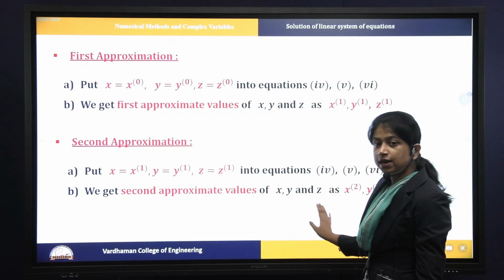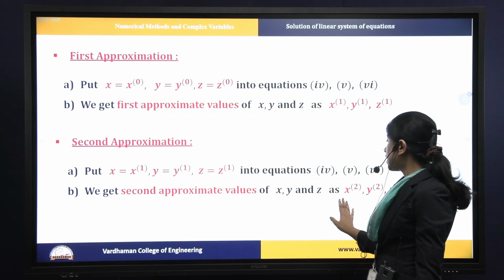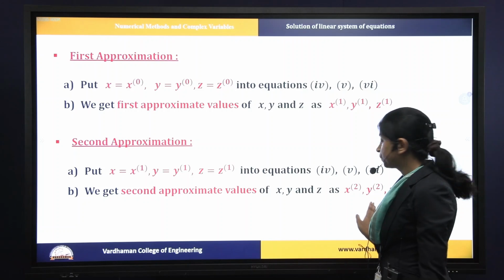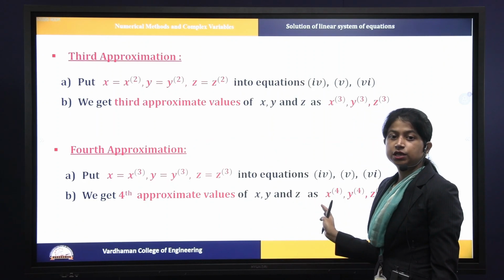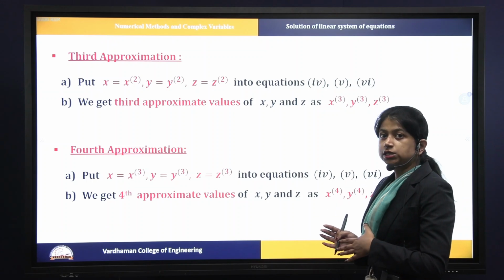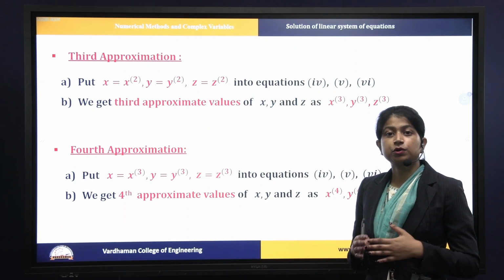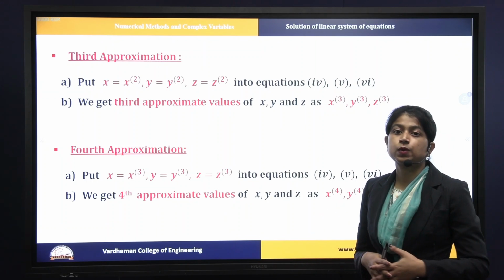Then we will get the second approximate values as x2, y2 and z2. The third approximation and fourth approximation, we will get the similar way. And we will continue this process until we get same approximate values for x, y and z.